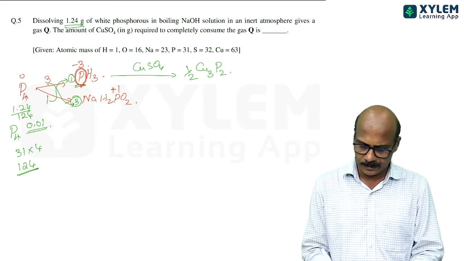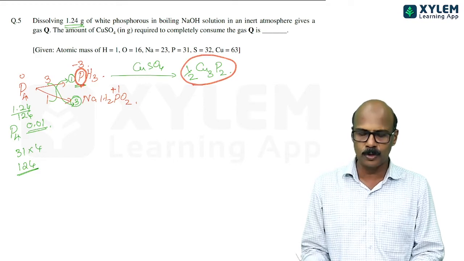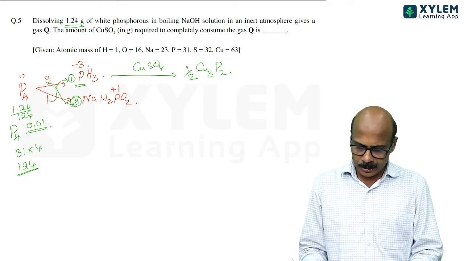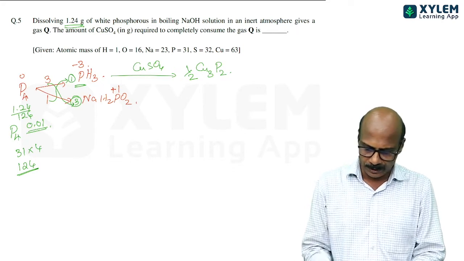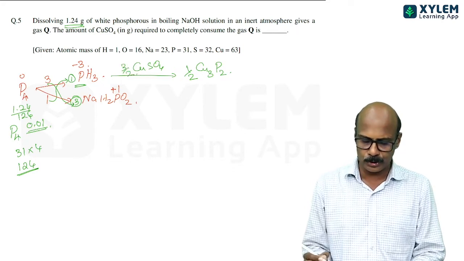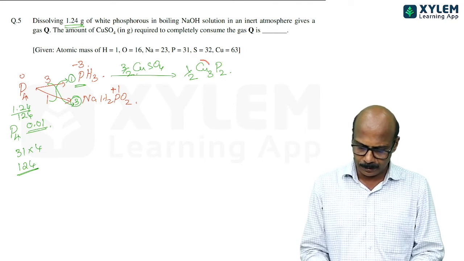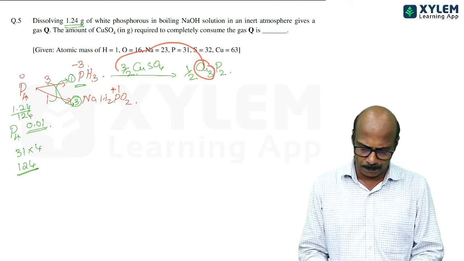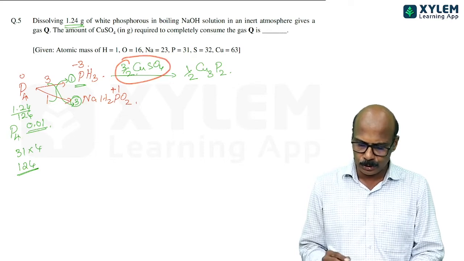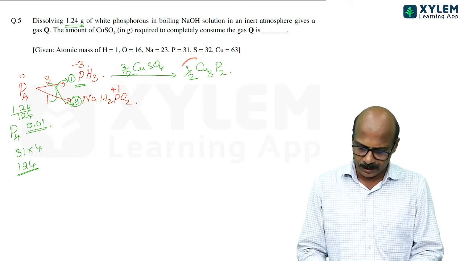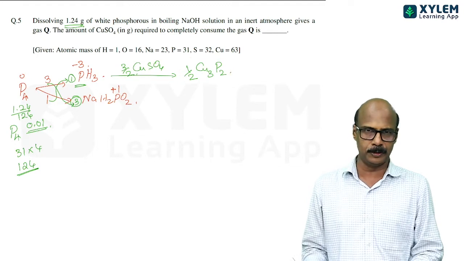In order to get half mole Cu3P2, you require 3 by 2 mole CuSO4 based on the principle of atom conservation of copper. Am I right? So 3 by 2 mole CuSO4 is needed to get half mole Cu3P2.